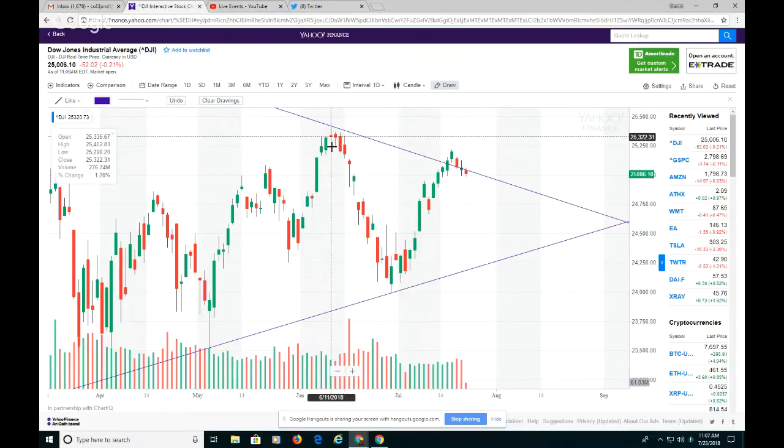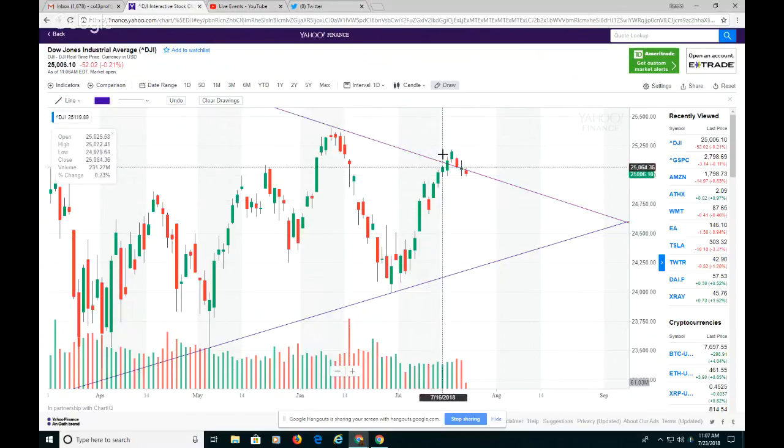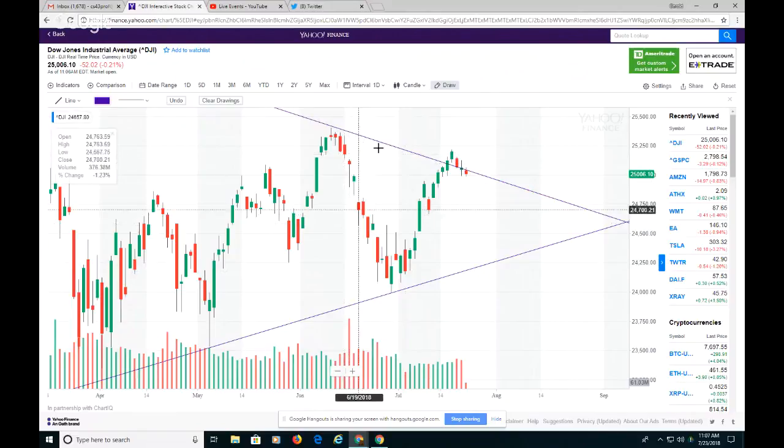You sort of have a double top or a head and shoulders forming. If it's a double top, then you're looking at these two highs as being the double top, June 11th and 7/18. And that would mean that it would be difficult to take out this double top.